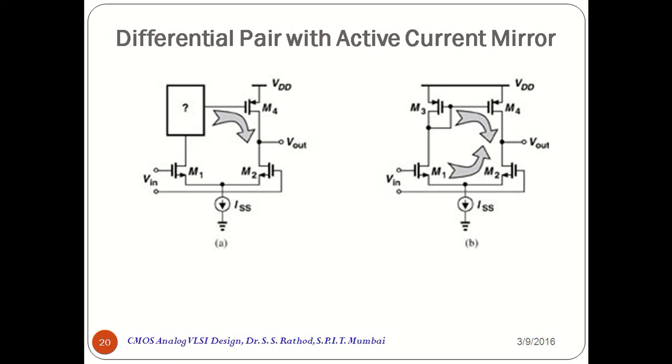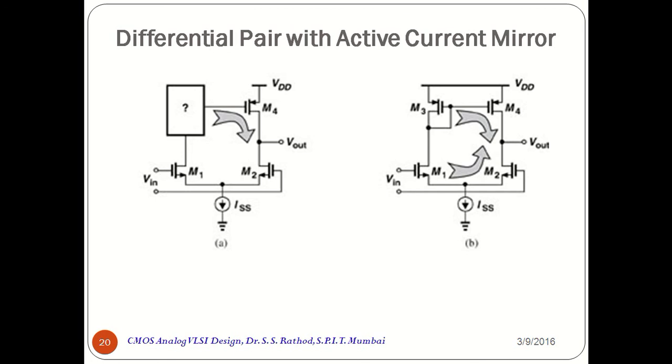As conceptually shown in figure A on the left-hand side, it is desirable to utilize this current with proper polarity at the output. This can be accomplished as shown in figure B on the right-hand side, where M3 and M4 are identical.